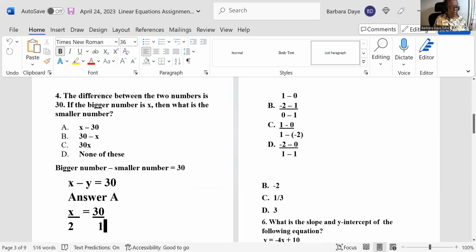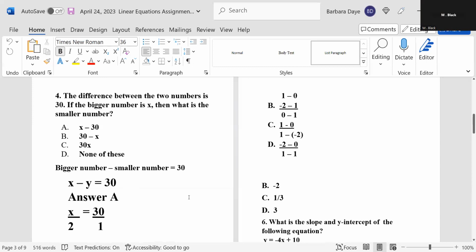I let X be my bigger number, let Y equal my smaller number, and that equals 30. So if I solve this for Y, I'd add Y to both sides. That gives me X equals 30 plus Y. And then if I solve for Y, Y is equal to X minus 30. And that's answer A.